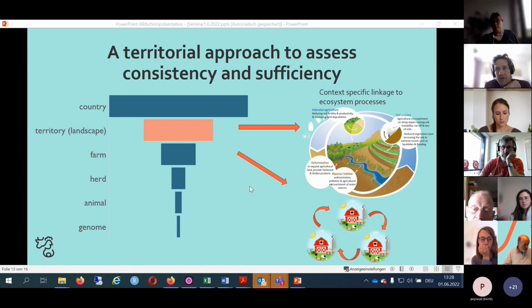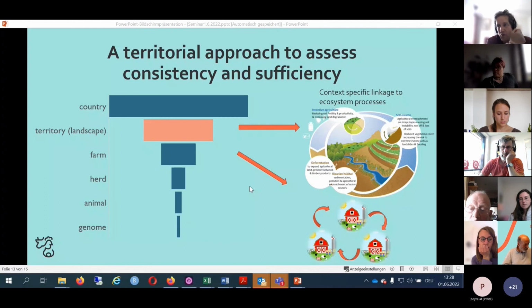And maybe another level where it's important to think about is which output unit is used. So is it kg of meat or kg of ruminant meat or kg of protein? Or what we tend to favor is measuring over a certain timeline, meaning also complex crop rotations, including feed elements, over a certain region.